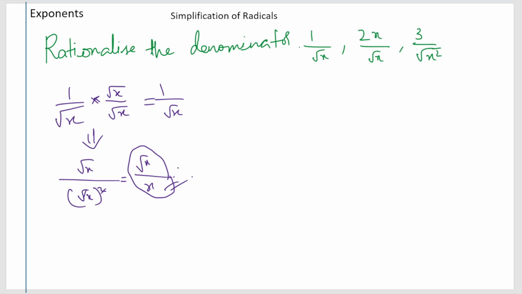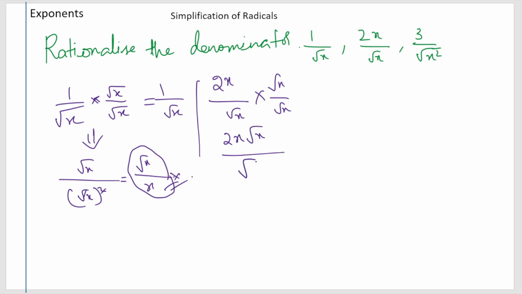We can also rationalize the numerator in the same way by multiplying by root x, and again we'll go into the previous form only. Now let's look into another one. 2x by root x into root x by root x. So 2x root x by root x whole square. The square gets cancelled. It is 2x root x by x. So it is 2 into root x.